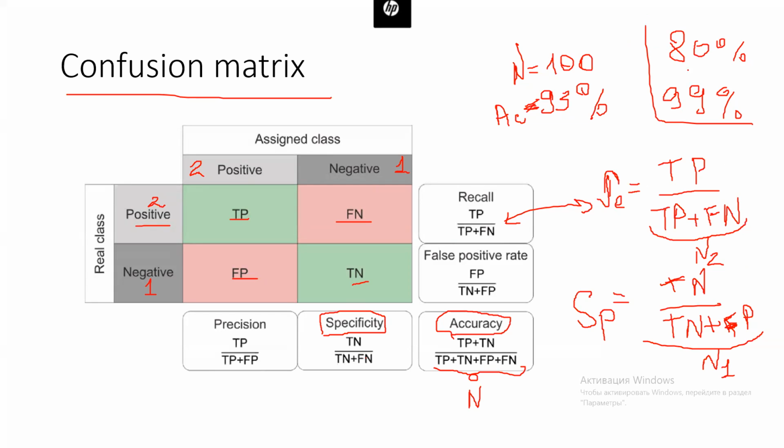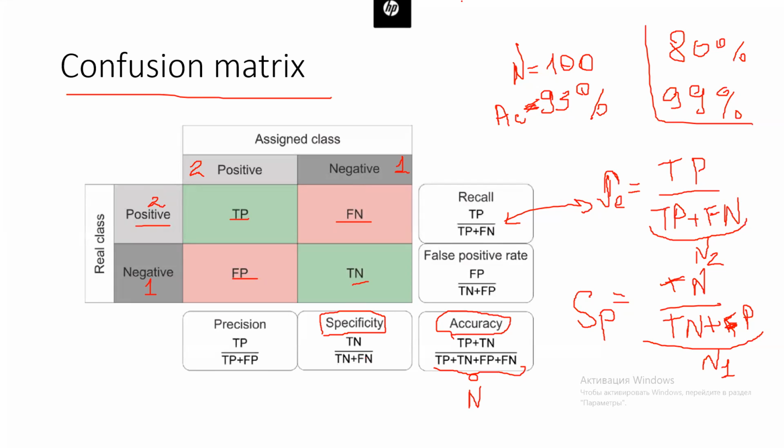So 80% of patients with COVID will have a positive test, and 99% of patients without COVID will have a negative test. So it reflects how good your test finds ill patients and how good your test does not find illness for healthy patients. Is it clear?